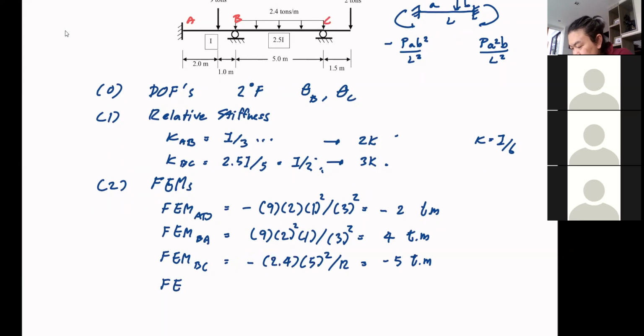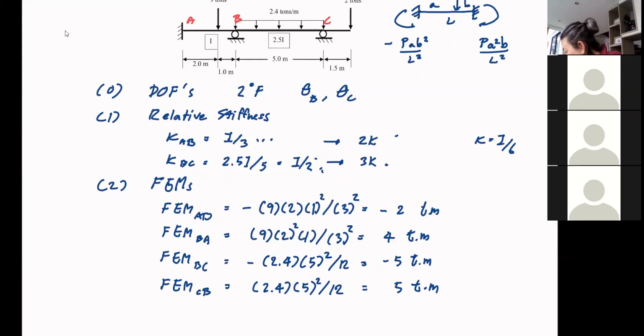FEM CB now is positive because it's clockwise, so it becomes 2.4 times 5 square over 12. So this is 5 ton meter.